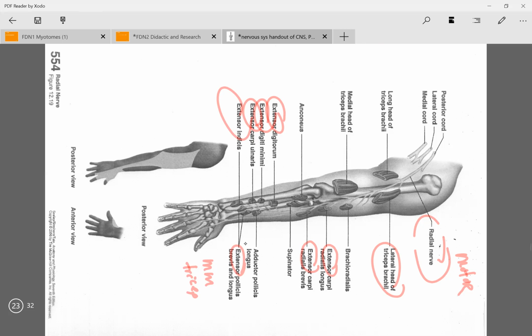This is the sensory area. The shaded part you see there would be the sensory area. And remember, for sensory, you're going to do Q-tip and pinwheel. Does this feel the same as this? Always do it bilateral.